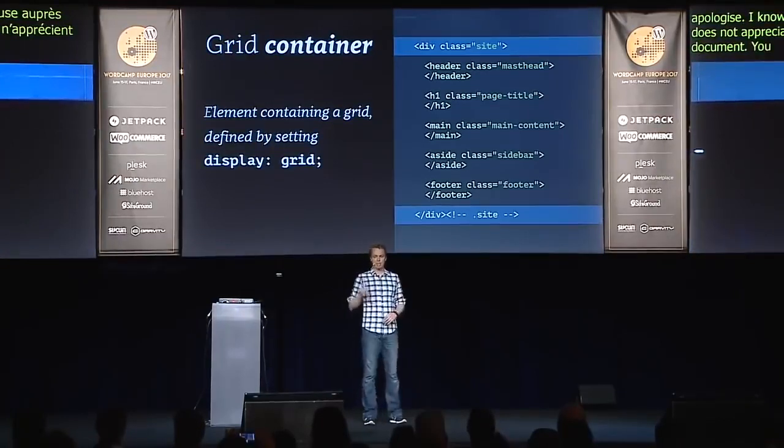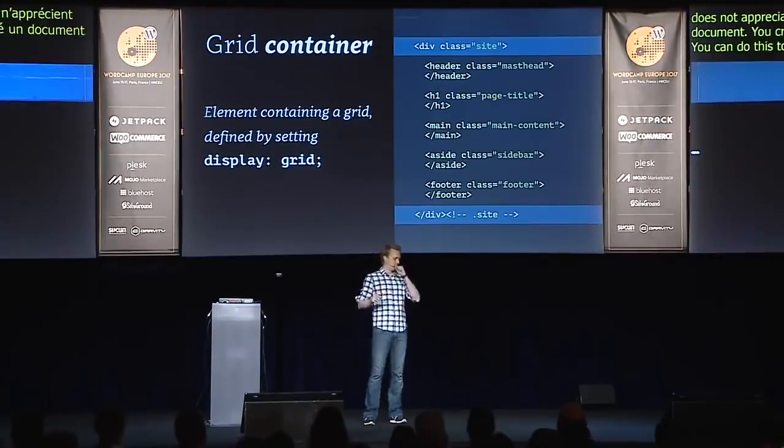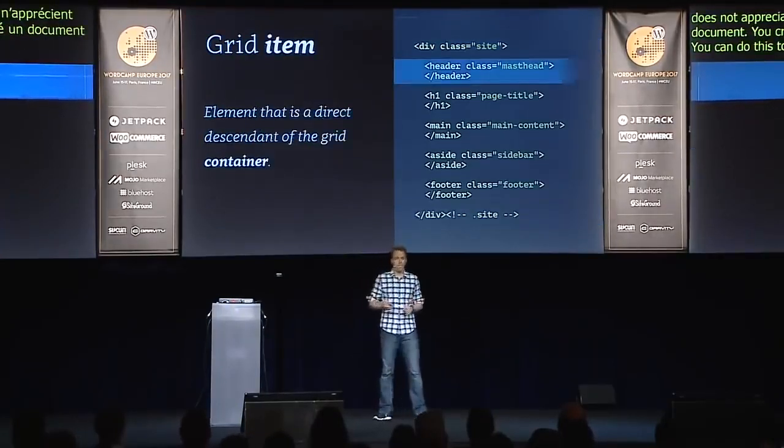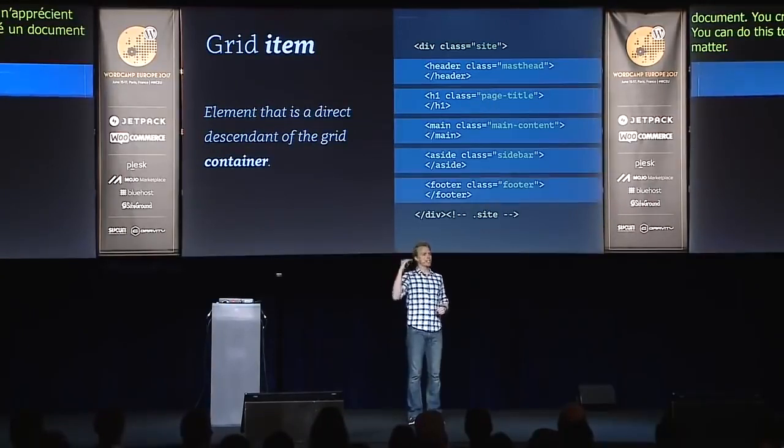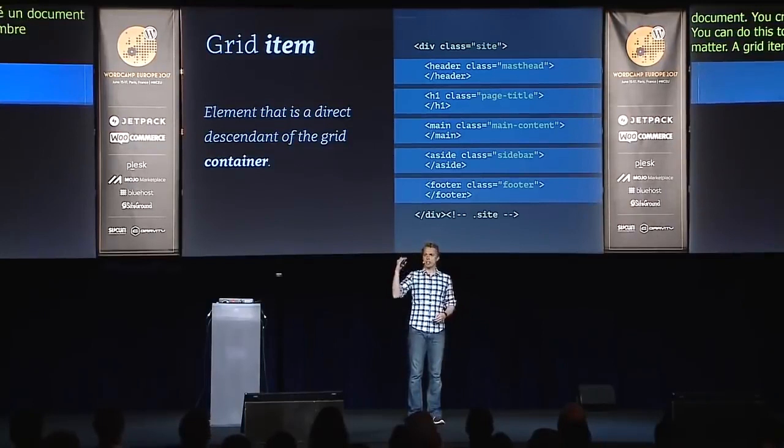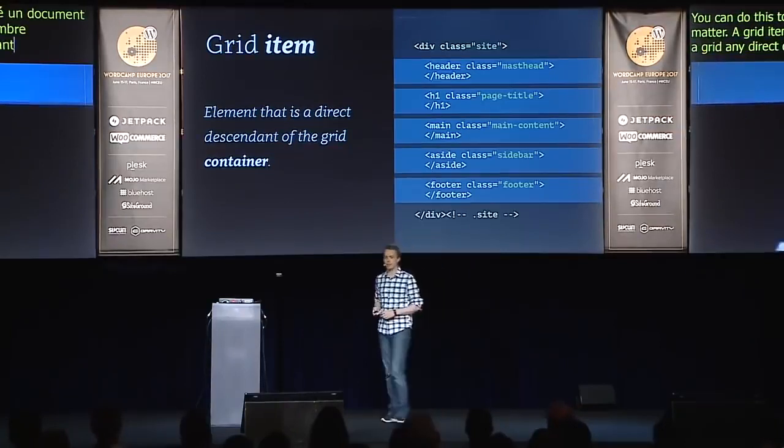You do that by simply declaring display grid. You can do this to as many elements as you want on the page. It does not matter. A grid item is any direct descendant of a grid container. So if you create a grid, any direct descendant automatically becomes a grid item that's placed inside the grid, but only the first level descendants, just like it is with Flexbox.